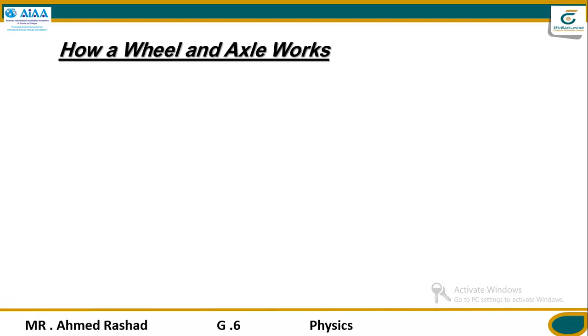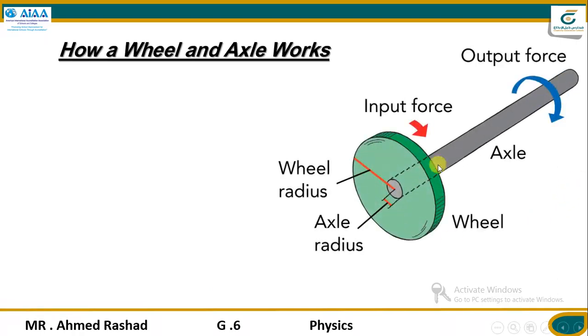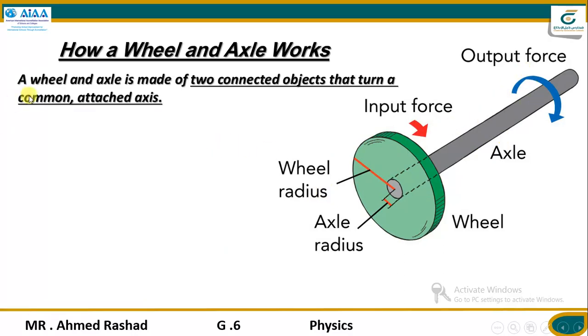Here we can look at a figure about the axle and wheel. A wheel and axle is made up of two connected objects that turn around a common attached axis. So they turn around their axis.